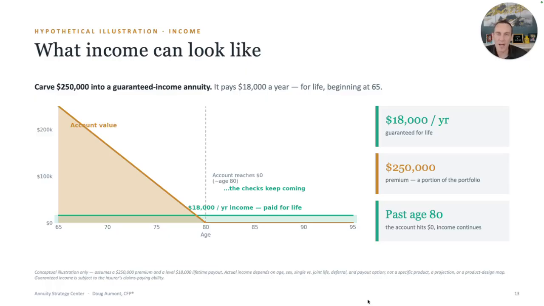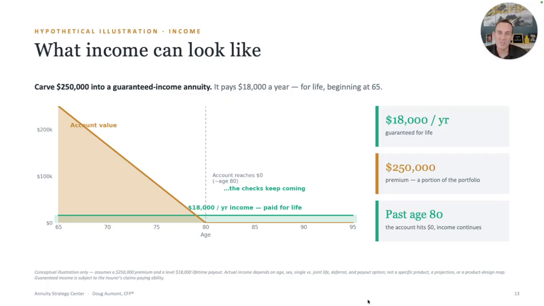And you can see your account value starts off at 250,000. Every year you are drawing money from your account. That account value is going to deplete, usually somewhere between 10 and 15 years. That account value will be fully drawn to zero. Now, that is not a flaw, that is by design. You have given this money a job. That job is to create a paycheck that you can't outlive.